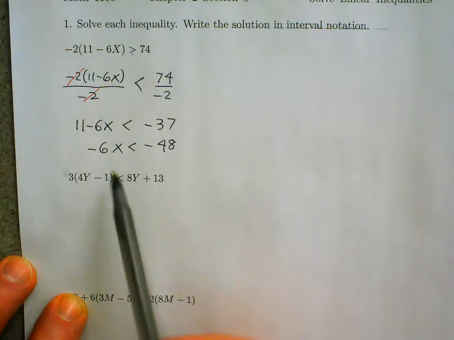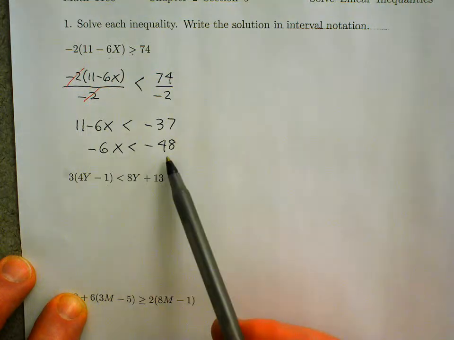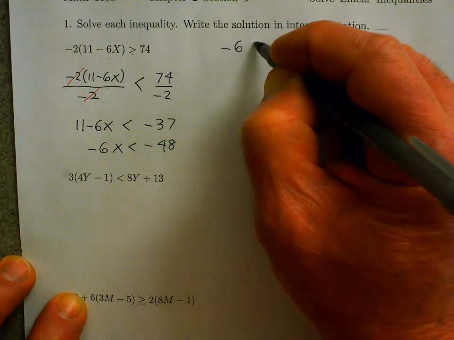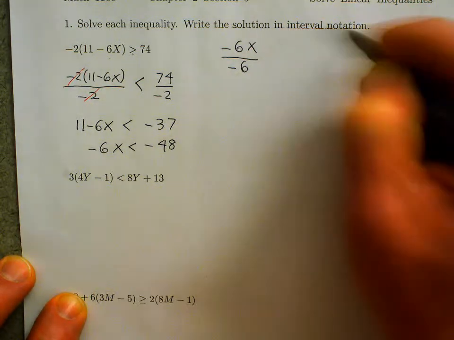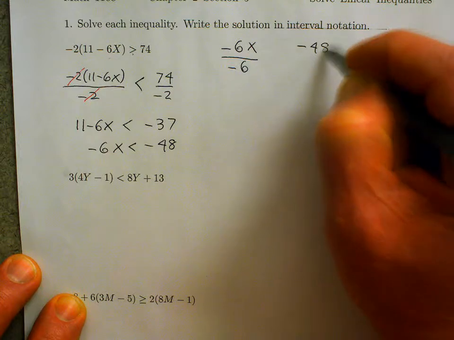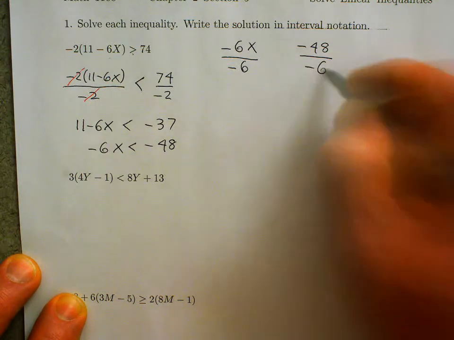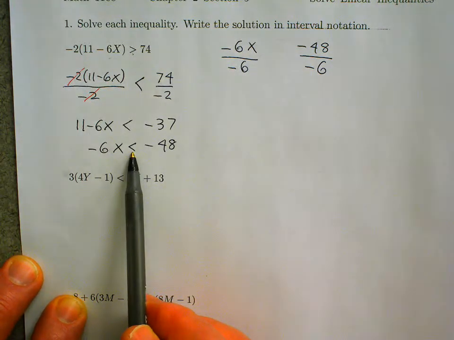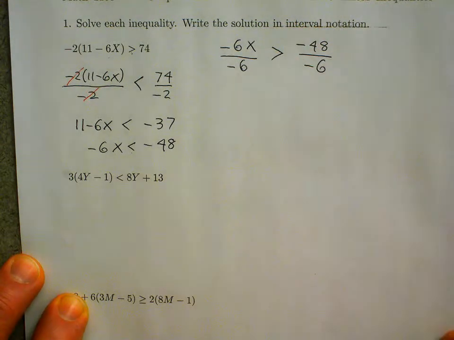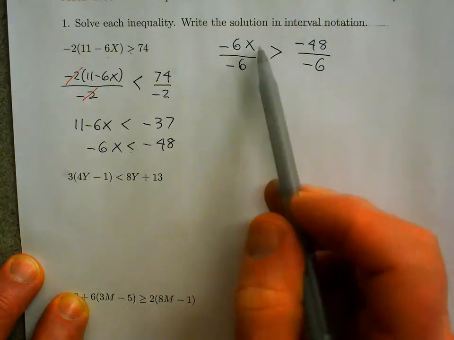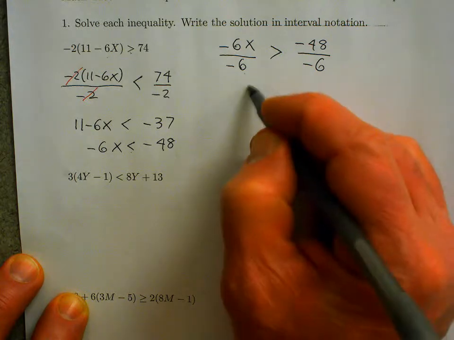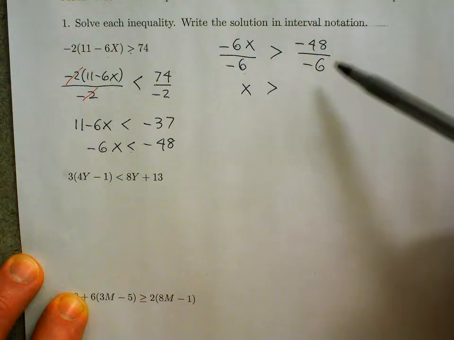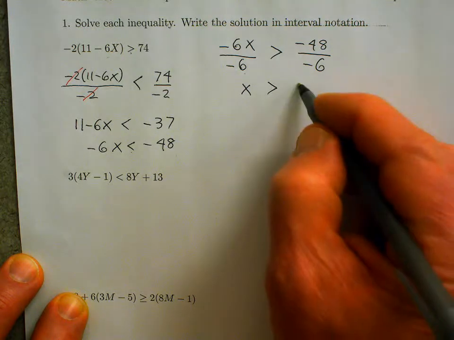And then the last step, divide both sides by negative 6. So on the left-hand side, negative 6x divided by negative 6. On the right-hand side, negative 48 divided by negative 6. But since we're dividing both sides by a negative, we have to switch this inequality from less than to greater than. And then negative 6x divided by negative 6 is positive 1x is greater than positive 8 because negative 48 divided by negative 6 is positive 8.